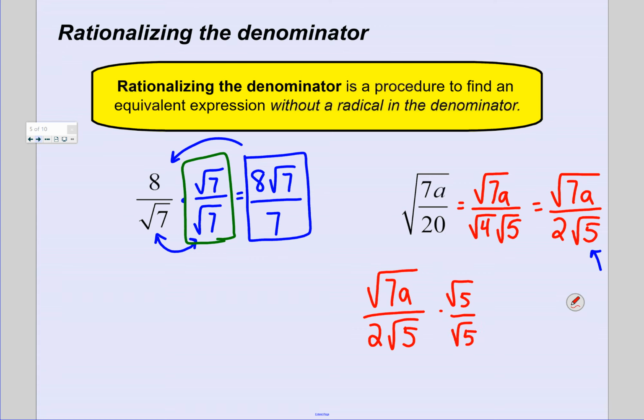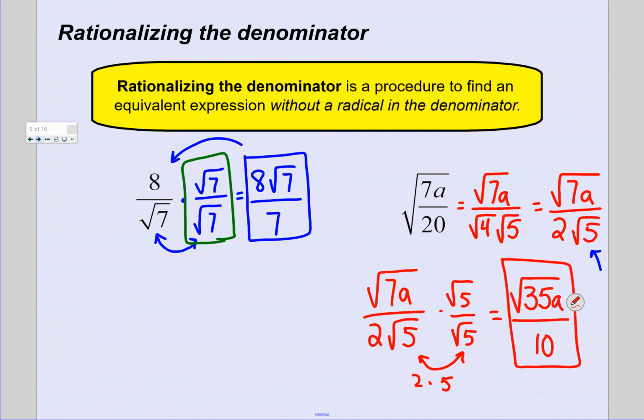And here's just where we have to be careful with our multiplication. Since these are both radicals being multiplied together, it stays as a radical, square root of 35a. And in the denominator, when I multiply square root of 5 times the square root of 5, I just get the number 5. And then when I multiply that with the 2, I get the value 10. And now you can see, because I've rationalized my denominator, I no longer have a radical in my denominator.